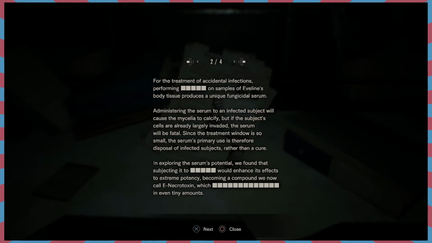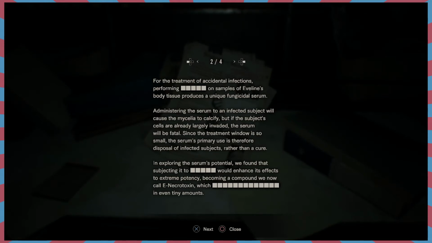For the treatment of accidental infections, performing extraction on samples of Evelyn's body tissue produces a unique fungicidal serum. Administering the serum to an infected subject will cause the mycelia to calcify, but if the subject's cells are already largely invaded, the serum will be fatal. So Jack, earlier, when you were asking about that, that's why it was fatal. Yeah, and now we actually know.